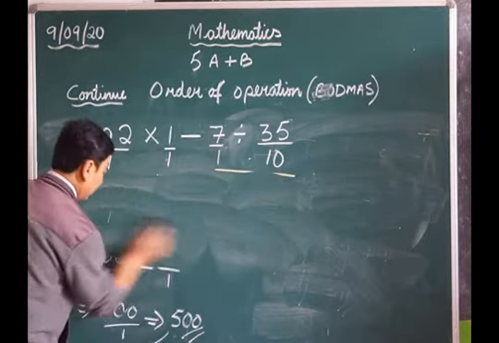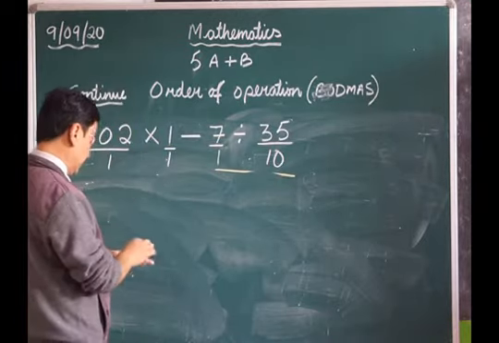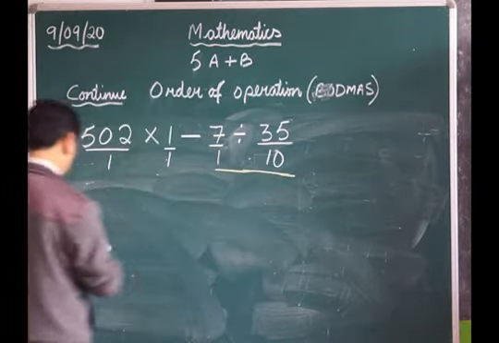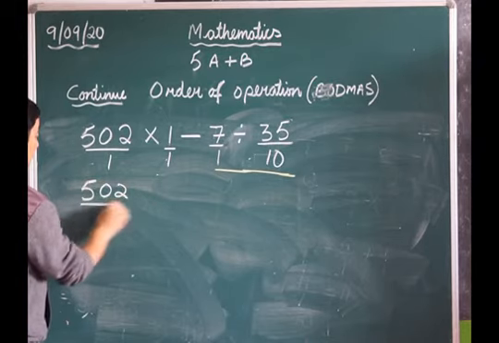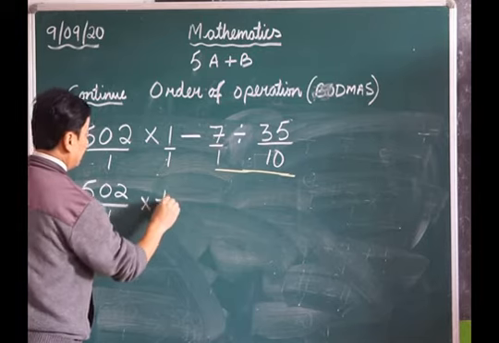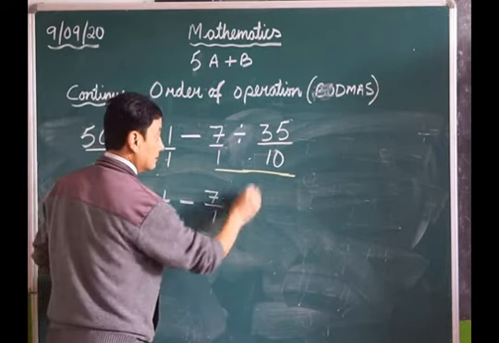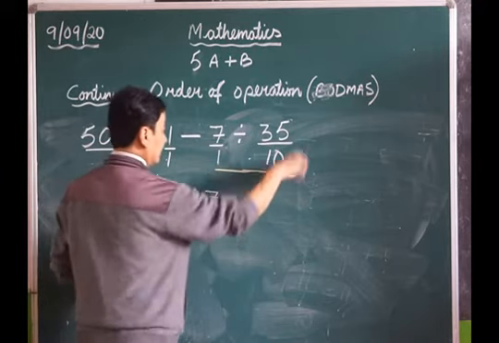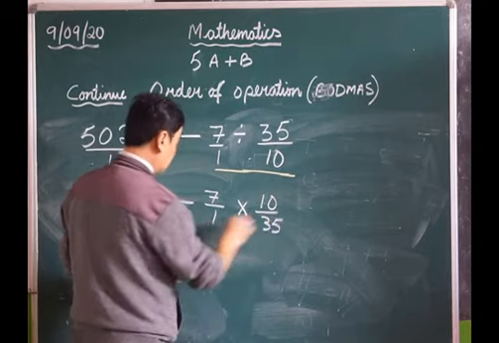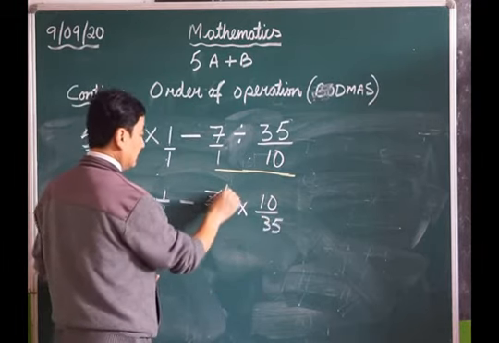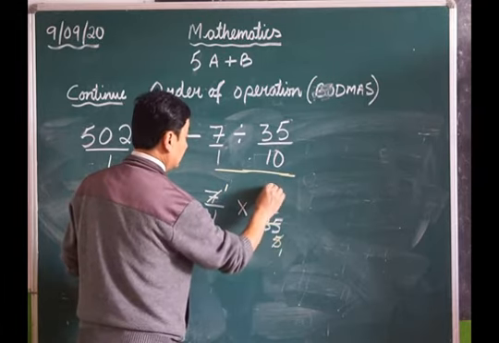Ready? Let's do it a little faster. So, first thing we must do is division. Write the other sums. 502 upon 1 into 1 upon 1 minus 7 upon 1. Change the sign. Write the reciprocal. And what should you do? Cancel. 7 ones are 7, 5s are 5 ones are 5, 2s are.